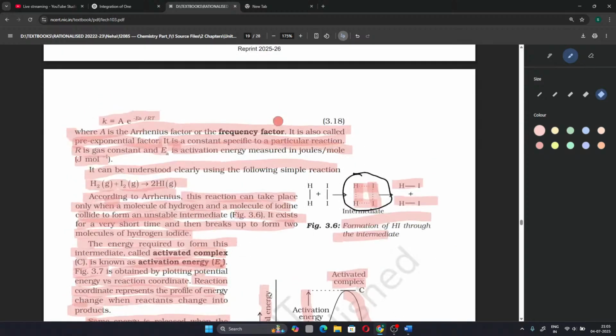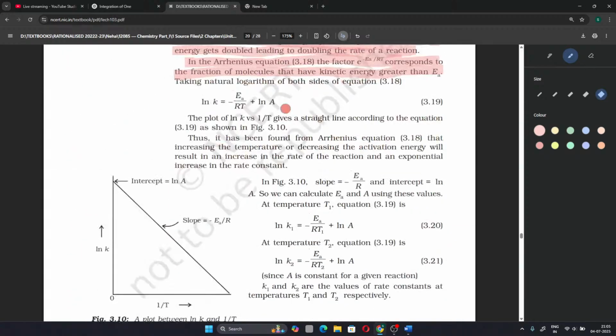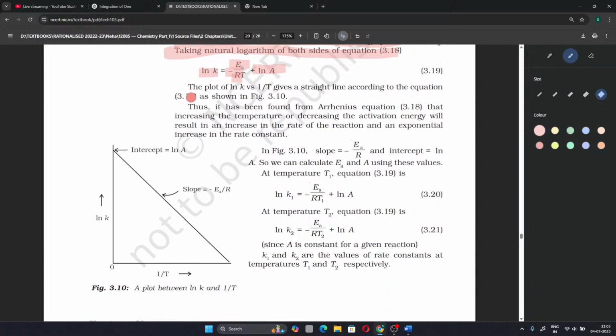This is basically equal to K, right? Yes, K, the fraction of molecules that have kinetic energy greater than EA. Taking the natural logarithm of both sides of the equation, ln K equals minus EA by RT plus ln A. The plot of ln K versus 1 by T gives a straight line according to equation 3.19, shown in figure 3.10.